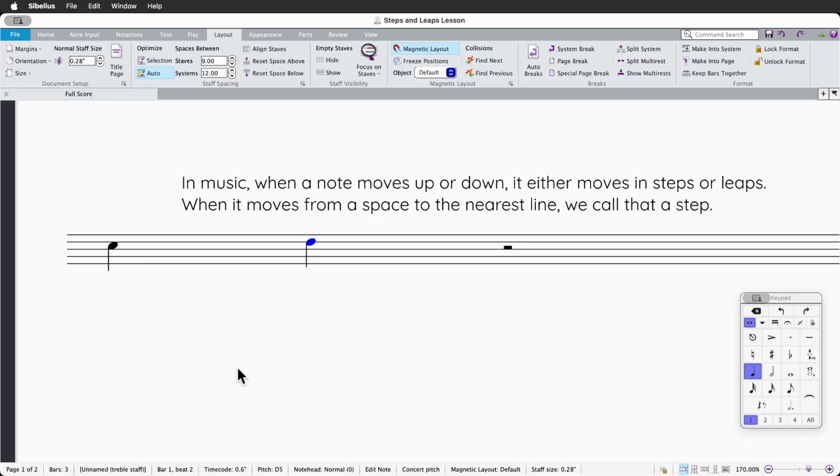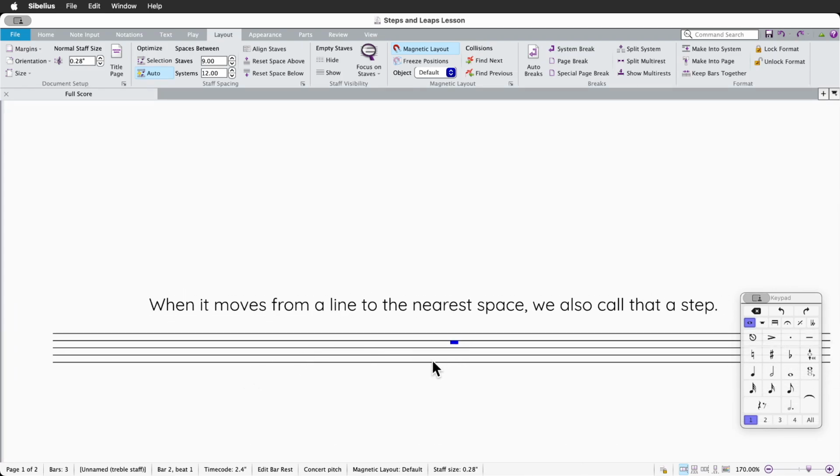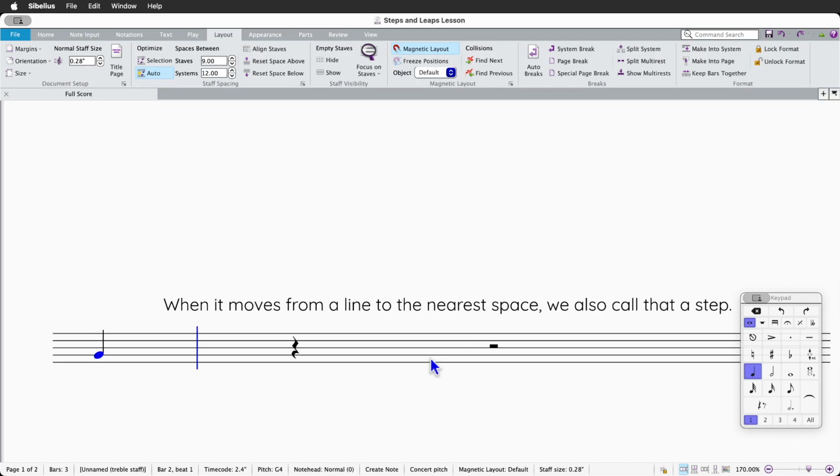And we could do the same thing if we start on a line instead of a space. So for example, let's pick line number 2 here. And if we want to go down a step from line number 2, we would go down to the first space. So second line to first space right there.